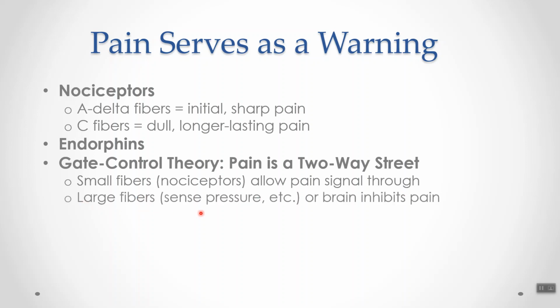So then you have larger fibers that sense things more like pressure, okay? And the large fibers or your brain via endorphins start to inhibit the pain. Okay, so your pain can be reduced in this way, or it can be amplified to try and tell you that's something dangerous, you should get away from it, right? But maybe after a prolonged exposure to something painful, you want to start the mechanisms to shut down the pain so you don't feel it anymore, right?